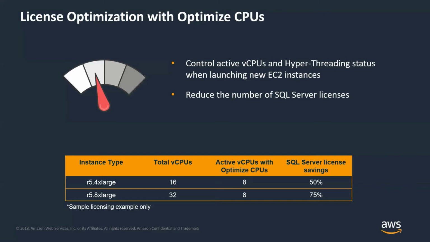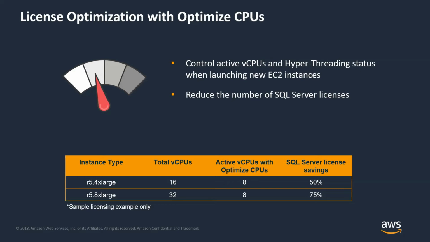Other things to keep in mind: SQL Server workloads are licensed on a core model. So again, the optimized CPU allows you to gain more efficiencies while still keeping your costs down. If you want to play with some of the pricing to see what the different cost models are, don't forget that the Simple Monthly Calculator, or rather the new AWS calculator, can provide you with those options as well.